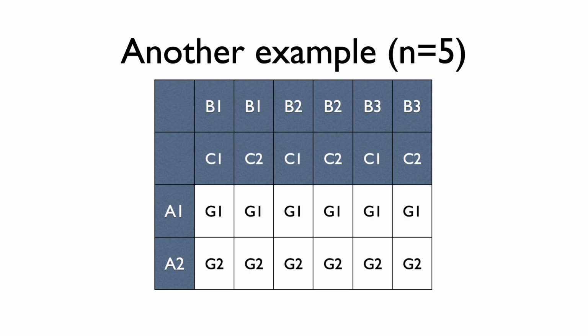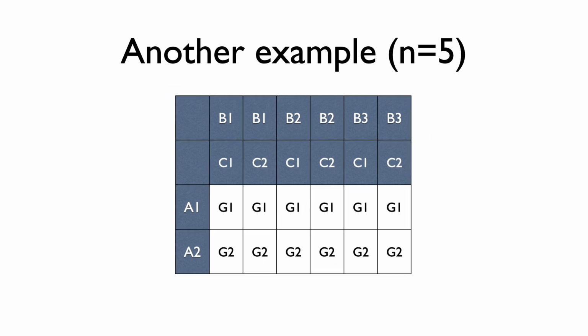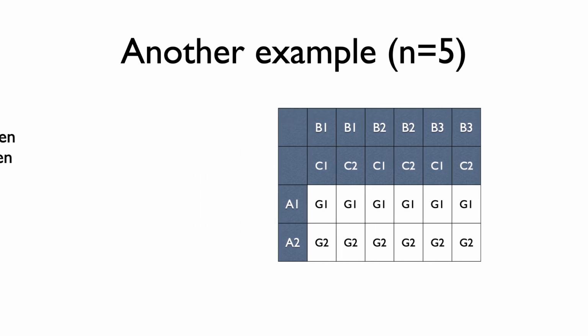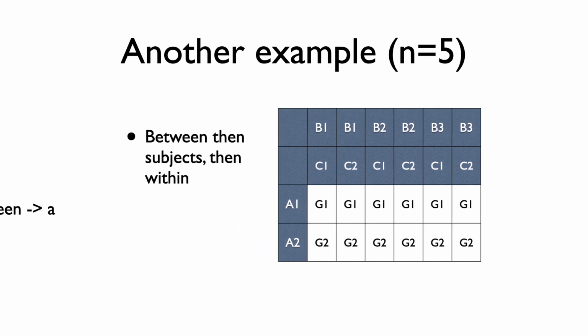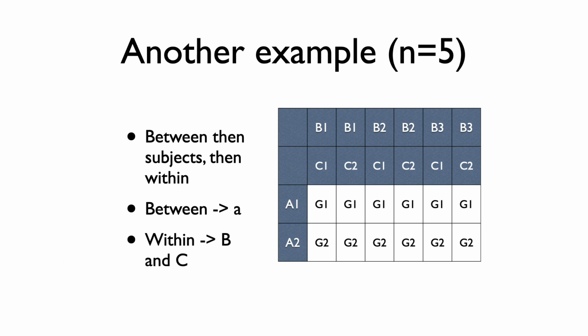So what we do now, put that over there. Between subjects, within. The between variable is A, within are B and C. Subjects are always nested within the between subjects variable. Okay?